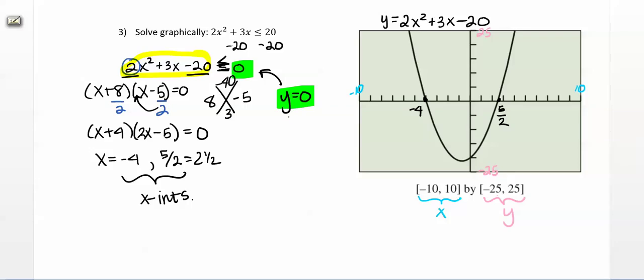It's called the x-axis. Okay? That's this thing right here. So you can think of it as, when is that parabola below the x-axis? Another way you can think of it is, we're asking, when is the parabola negative? Because less than or equal to 0 means negative. So when is it negative?